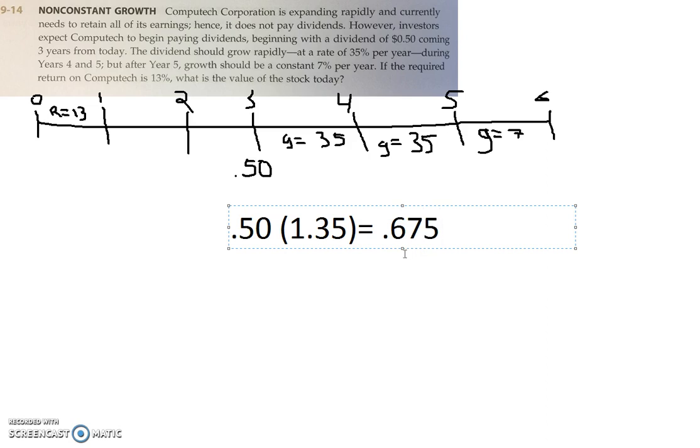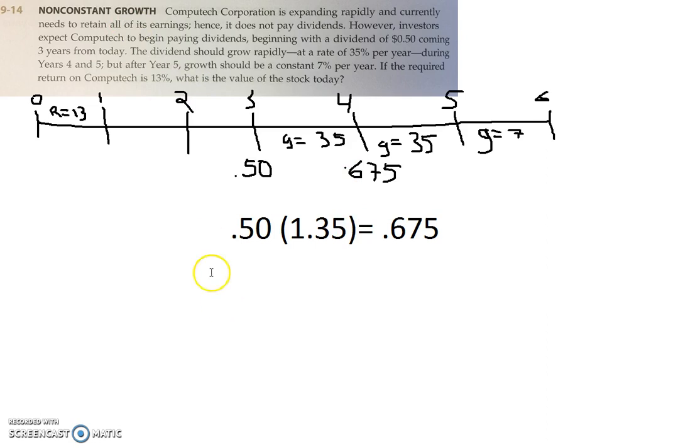So I'll just put the half cent in there. Okay, so that's the dividend at 4. All right, so let's write that. 0.675.